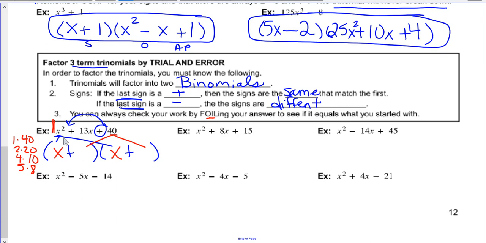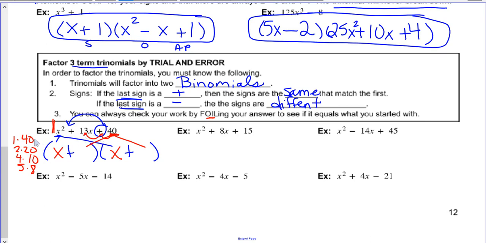So here's the trick that I want you to use. When you have a coefficient of 1 in the front, it's very nice that you can ask yourself this question. What do I multiply to get 40 that I add to get this middle term? What do I multiply to get 40? So which of these factors can I multiply to get 40 that when I add them gives me 13?